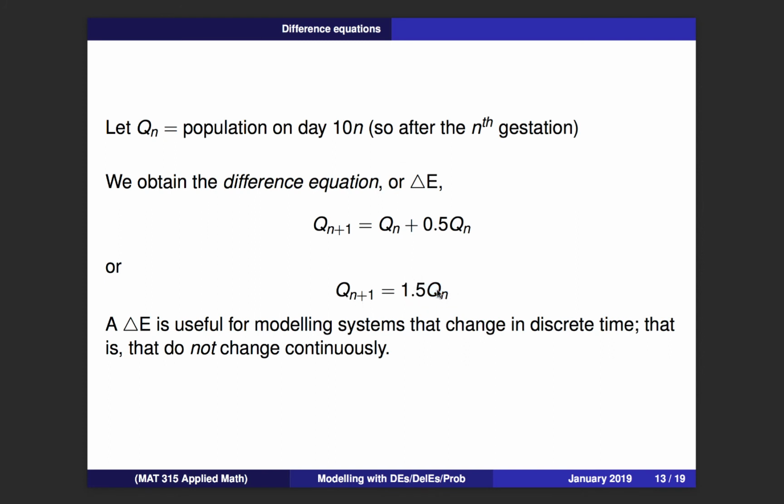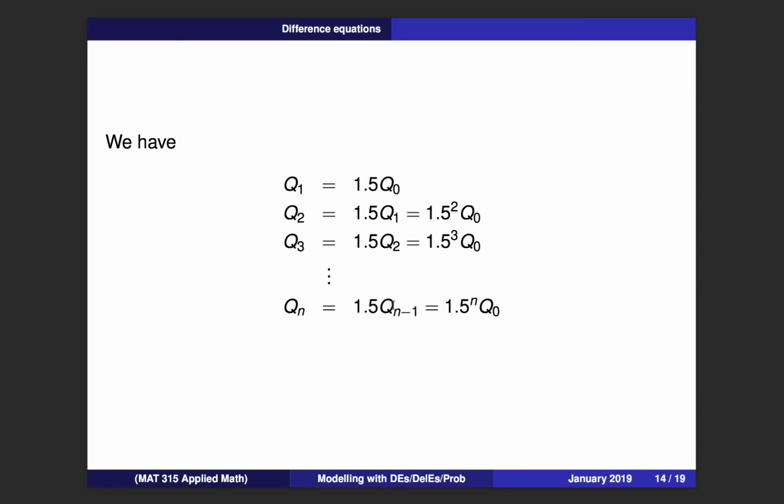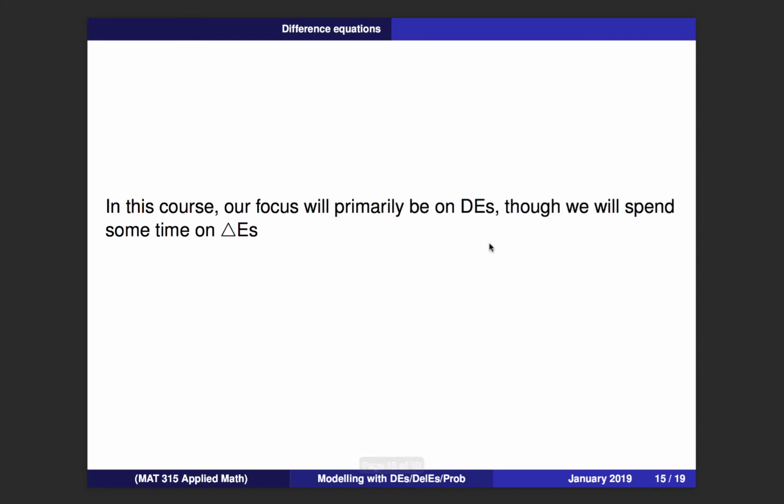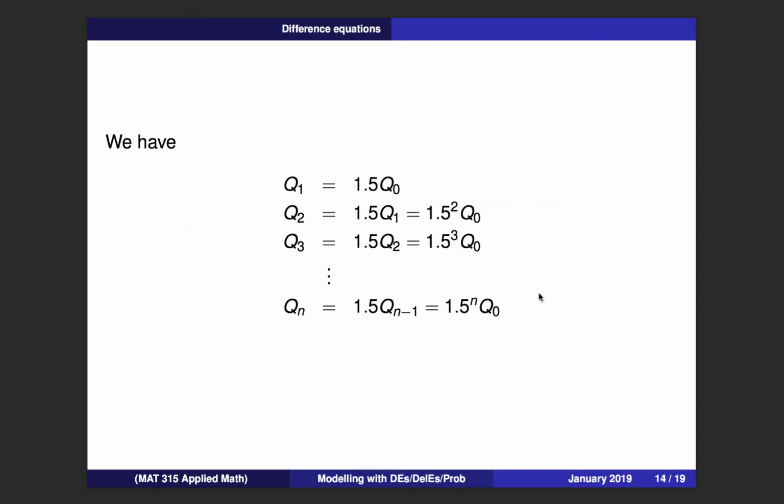You have to know what Q sub n minus 1 was, and so on and so forth. You had to figure out all these intervening values. So we could generate the solution recursively like this, or we could find an analytical solution. This last thing is the analytical solution.